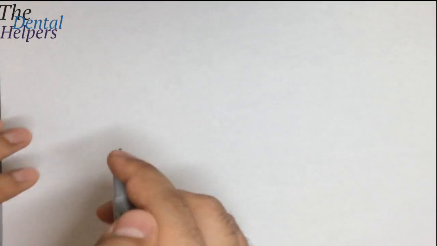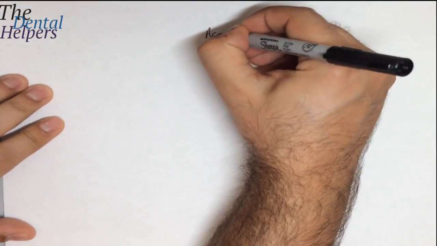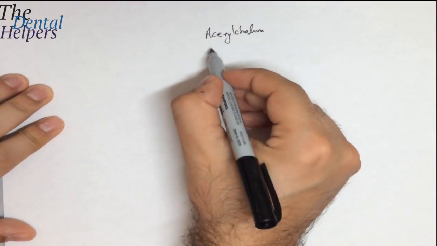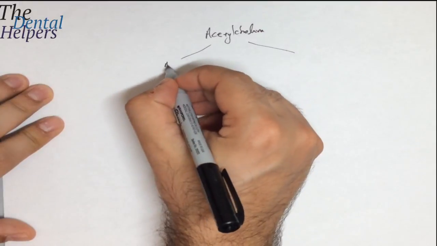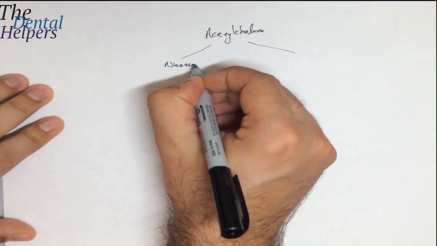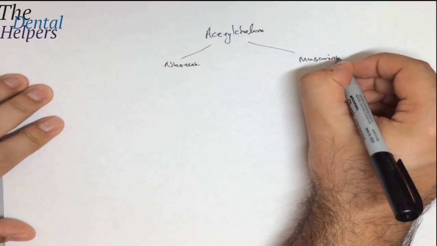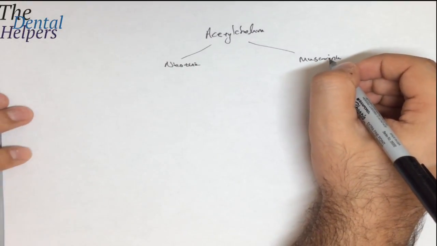So if we have our acetylcholine right here, and we said we have 2 routes, the nicotinic and the muscarinic. So let's start with the nicotinic.